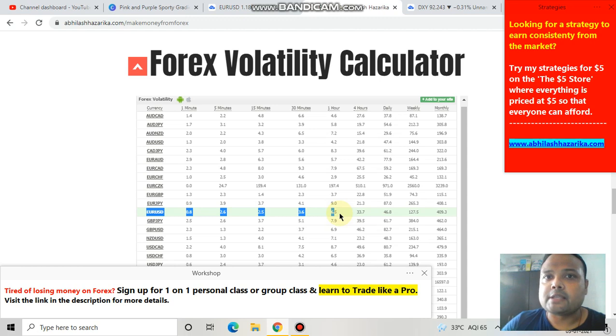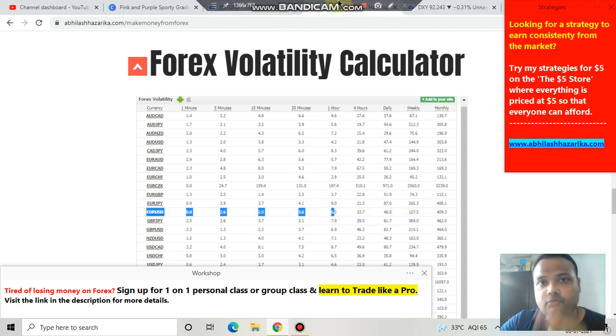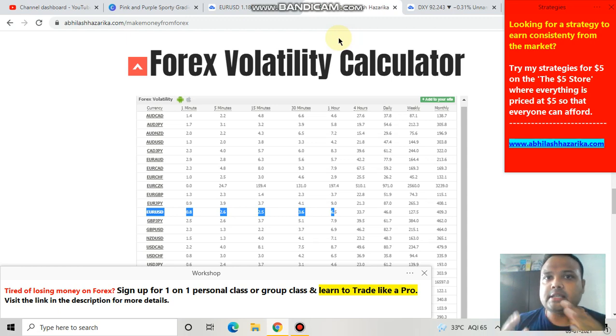If the market makes good movement, then you can go for a buy order or sell order accordingly. But if the market is not going for any big moves, there is not much volatility, then just avoid Euro USD. There are other currency pairs available to make money from the market. You should not risk your money on a chart that does not look very promising. So just consult this Forex volatility calculator and take your decision.